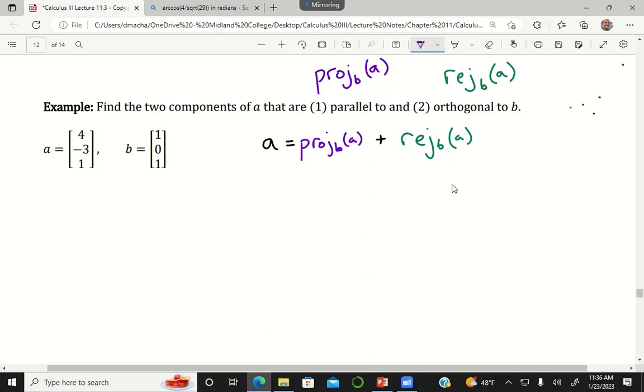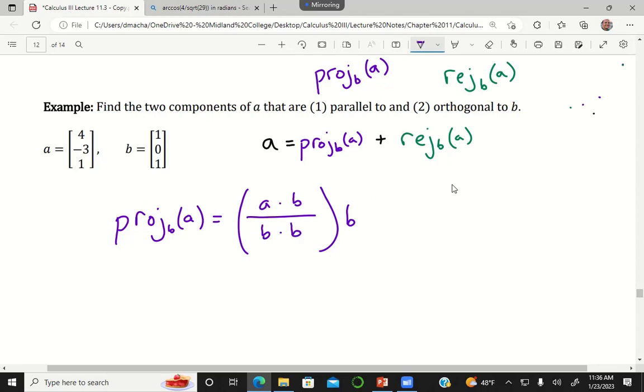Okay, so we have a formula that we really need to memorize, the formula for the projection of A onto B. Now that formula is A dot B over B dot B times B. Now, A dot B is going to be 4 times 1 plus negative 3 times 0 plus 1 times 1.